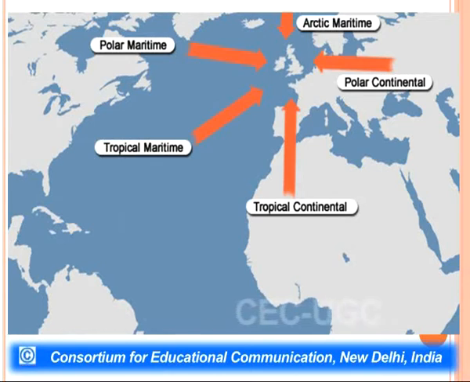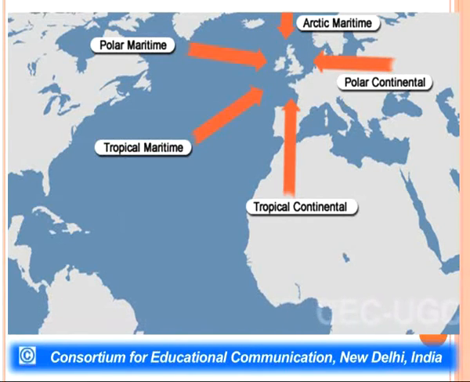In the Europe continent, there are four major air masses. Number one, which develops over the northern part of Europe, that is CP, continental polar air mass. Number 2 is CT, continental tropical air mass.